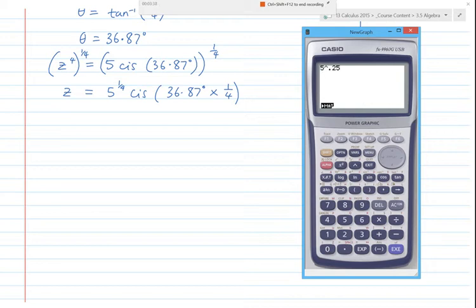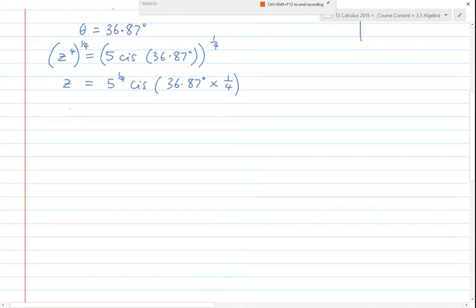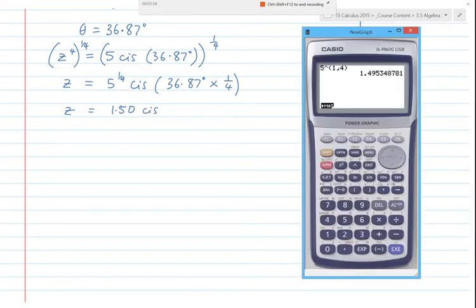I might apply that in as a fraction and see if that gives me a different answer. Nope. Okay, so we'll go 1.50 to 2 dp. So we'll say z equals 1.50 cis, and then the angle, here's my angle, divided by 4 equals 9.22 degrees.